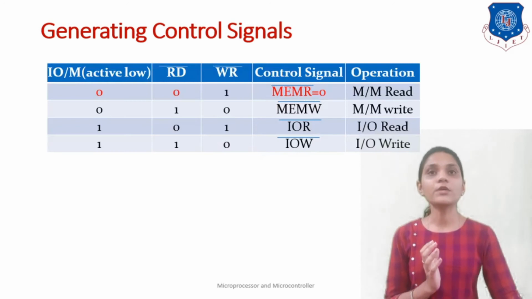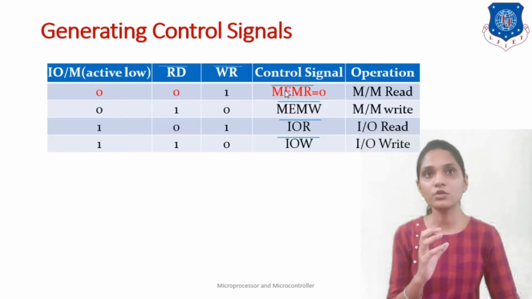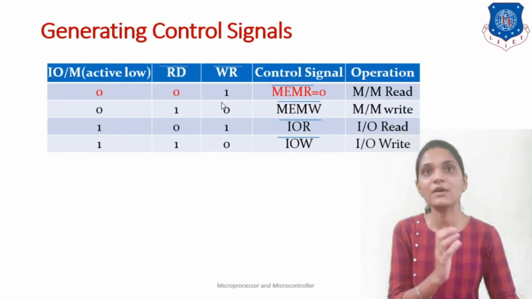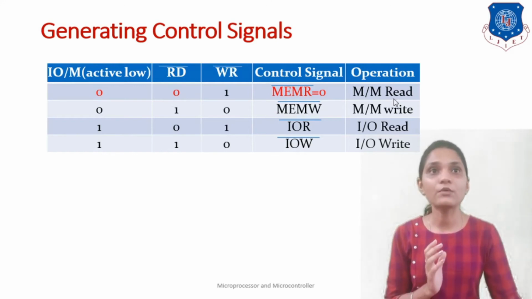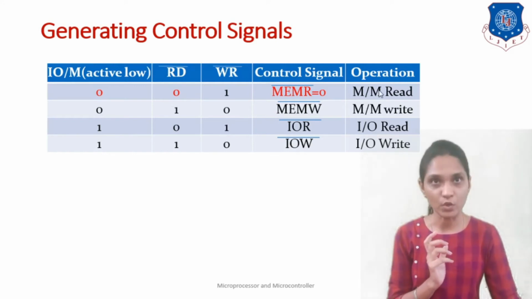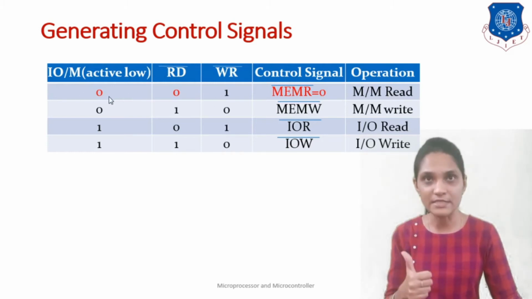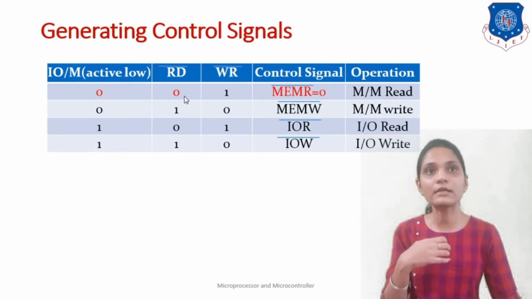If we combine, here just the 4 control signals and the IO comma M bar, RD bar and WR bar operations are shown. For example, I want to do the memory read operation. For memory read, the value of IO comma M bar will be 0, and RD bar will be 0 because it requires a reading operation.